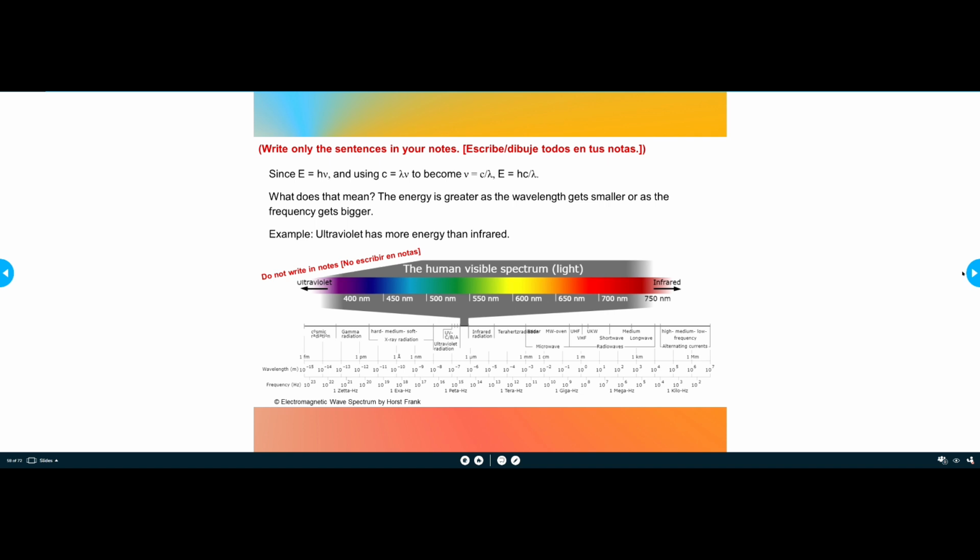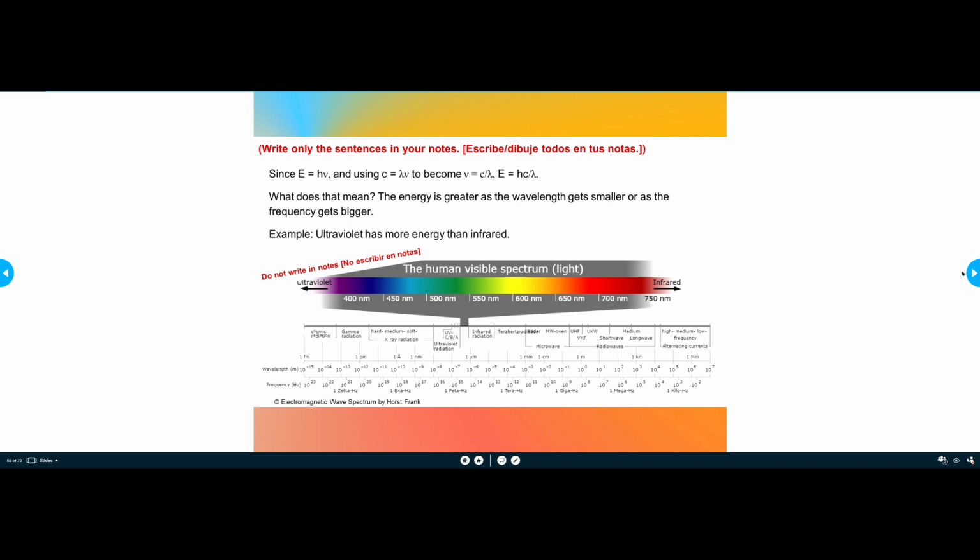Now let's do a little bit of algebra. Since we know E equals h times nu, and we can use c equals lambda times nu, and rearrange to become nu equals c divided by lambda, we can substitute the Greek letter nu, and we get E equals hc divided by lambda.